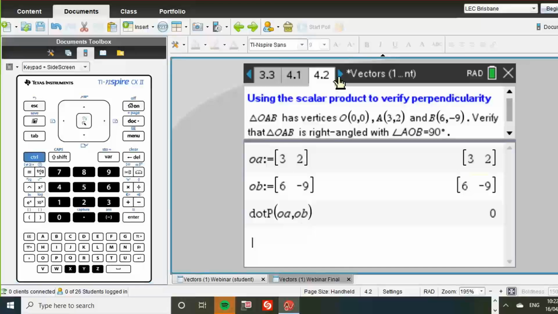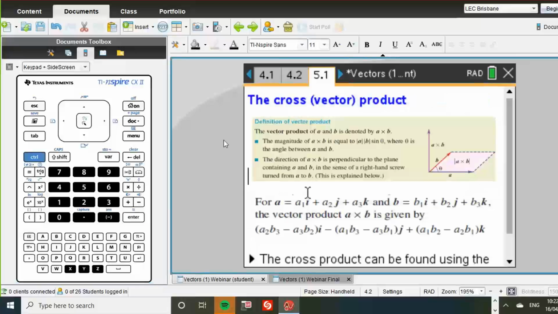Okay, moving right along. The other type of product in vectors is the cross product or the vector product. So if you have two vectors, A and B, and you form the cross product, you form a vector which is perpendicular to those two vectors. The magnitude of the vector is given by the product of the magnitude of A, the magnitude of B, and sine of the angle theta.